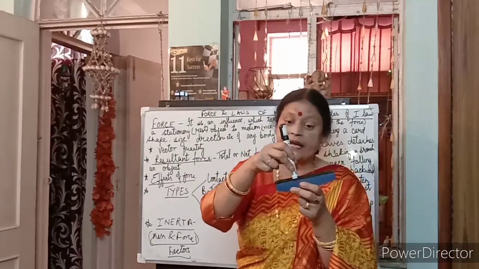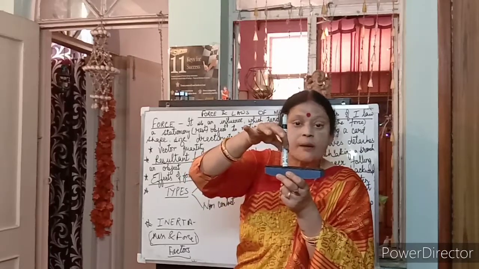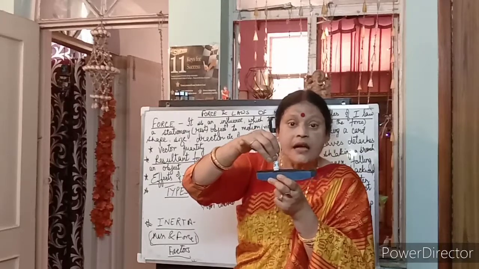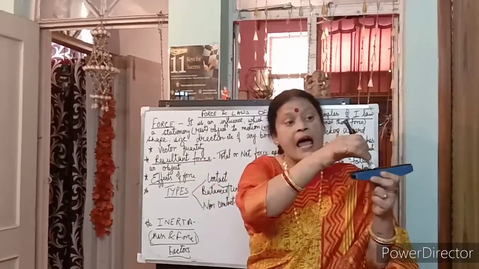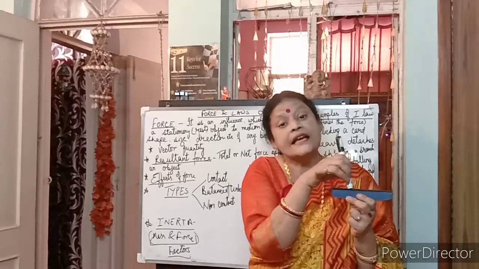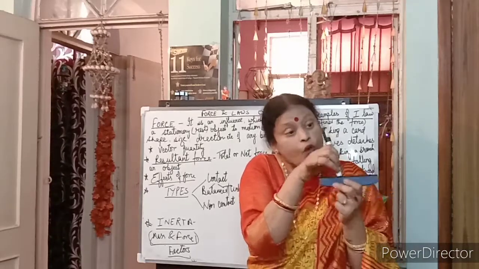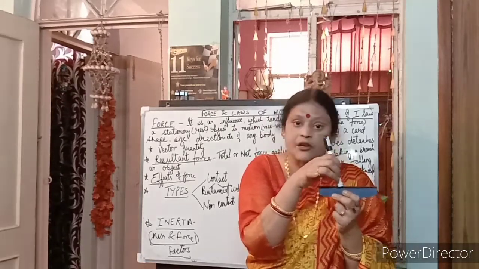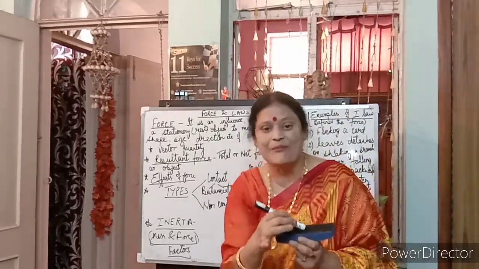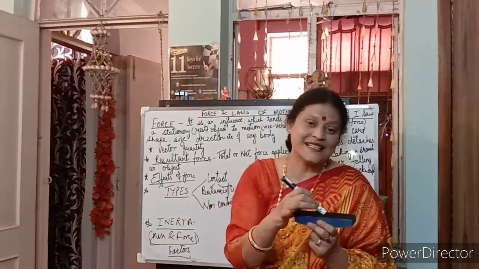The bus starts suddenly, and the lower part of the body of the passenger is in contact with the bus. So, the lower part along with the bus moves ahead and the upper part tends to remain in the state of inertia of rest. It wants to be in the state of rest because the lower part goes ahead with the bus. So, he falls backward. Very easy.